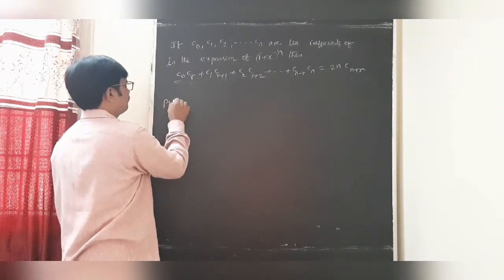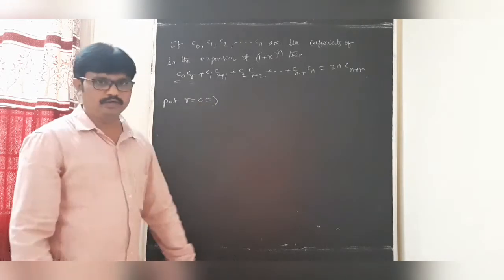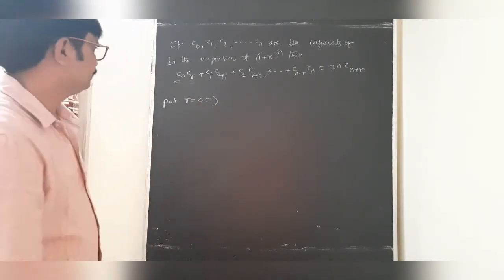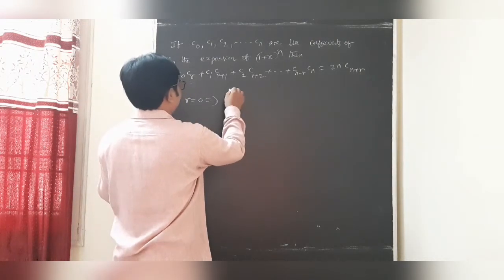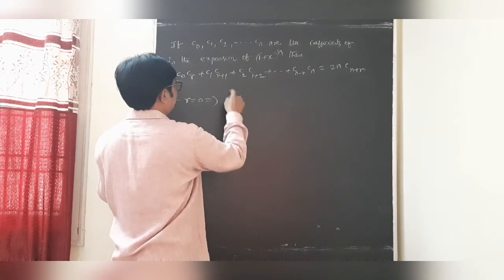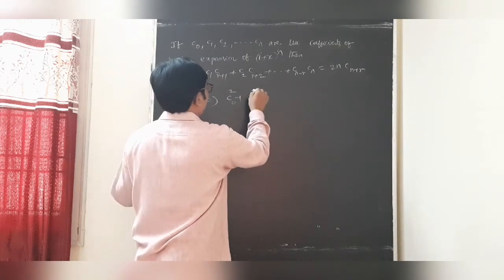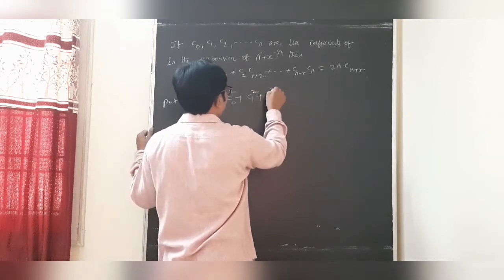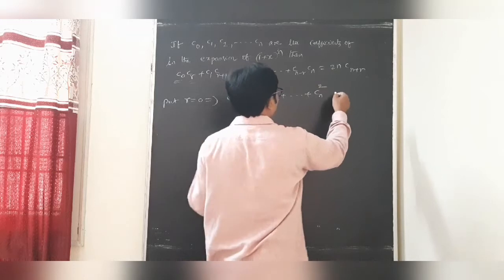My dear students, substituting r equal to 0, that is C0 into C0, C0 square. After that, C1 square, after that C2 square, and so on, Cn square.